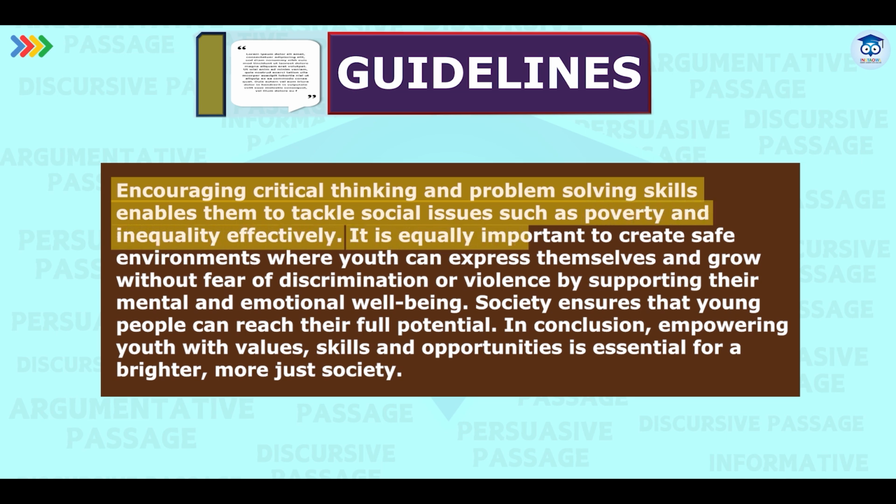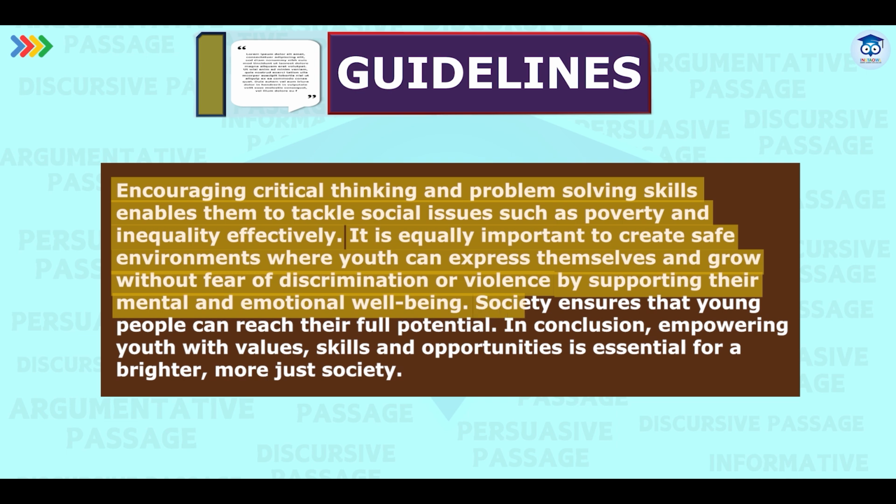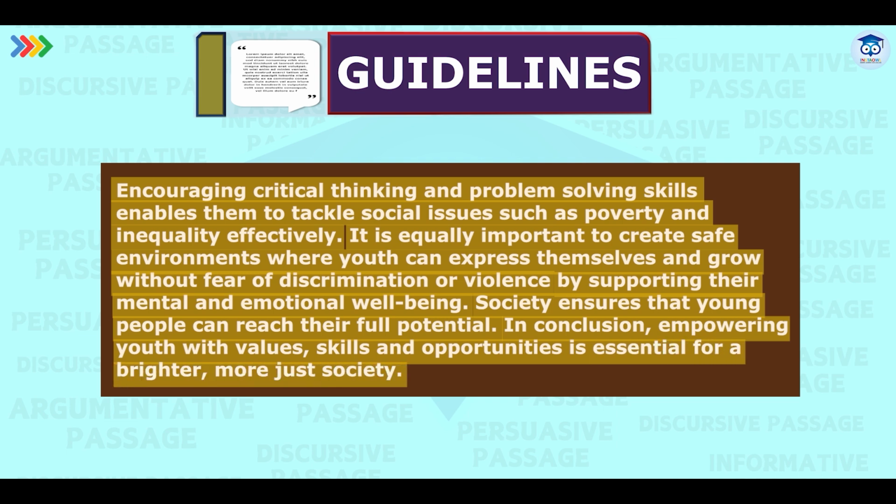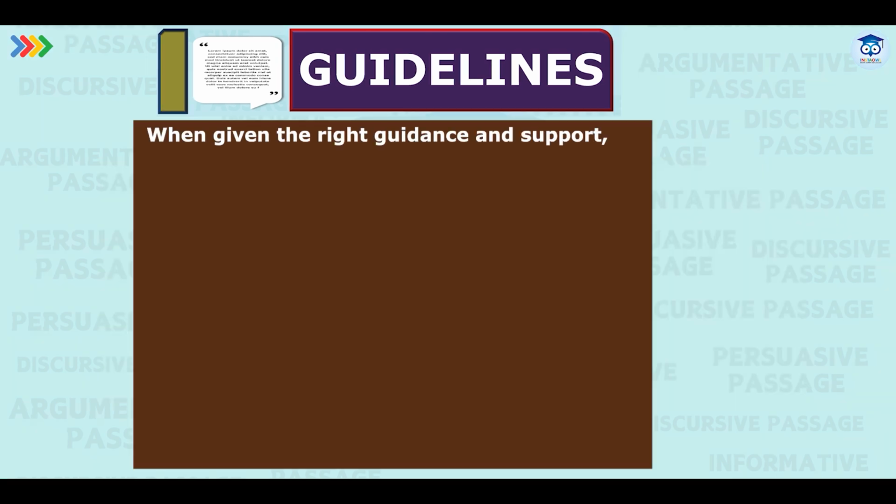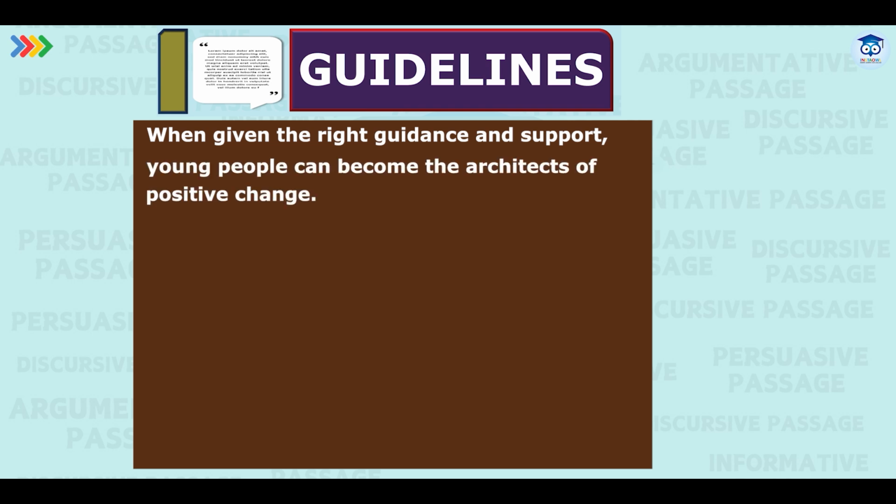It is equally important to create safe environments where youth can express themselves and grow without fear of discrimination or violence. By supporting their mental and emotional well-being, society ensures that young people can reach their full potential. In conclusion, empowering youth with values, skills, and opportunities is essential for a brighter, more just society. When given the right guidance and support, young people can become the architects of positive change.